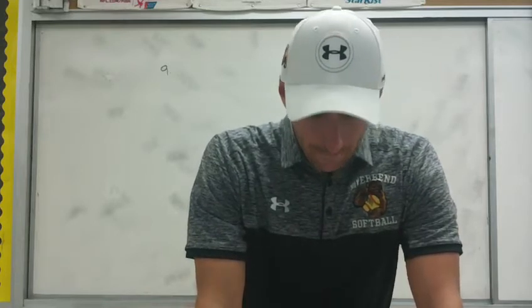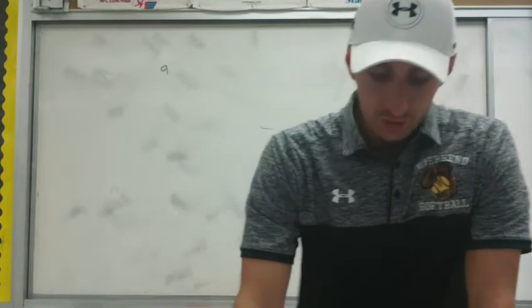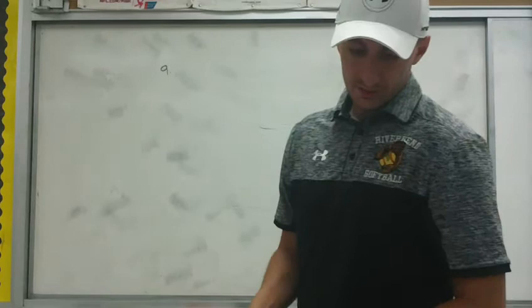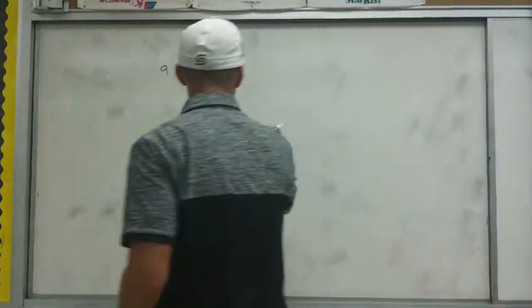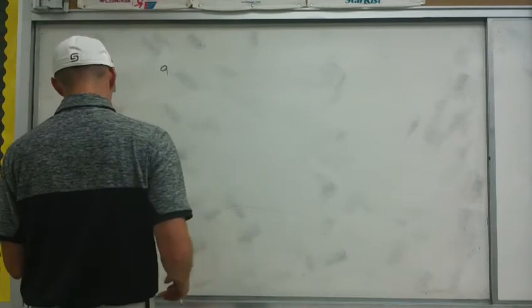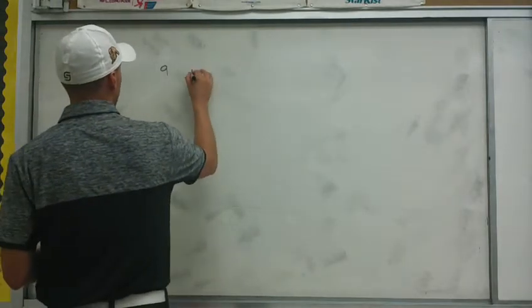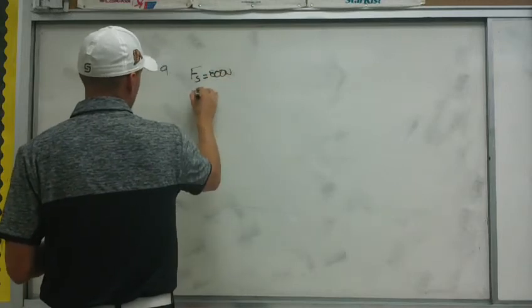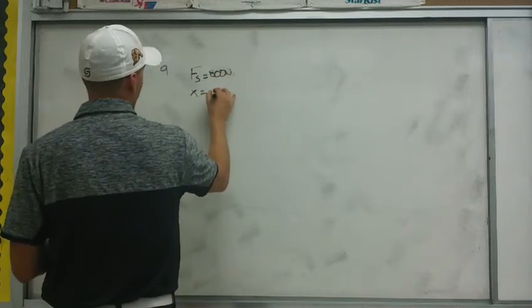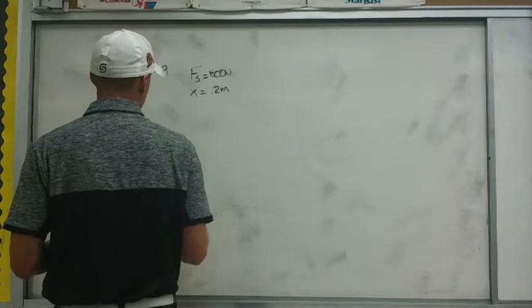A. What is the potential energy of the spring when it's stretched 0.2 meters? B. What is the potential energy when it's compressed 0.2 meters? So what it gives us is a force. The force of the spring is equal to 800 newtons. It stretches a spring a distance of 0.2 meters.